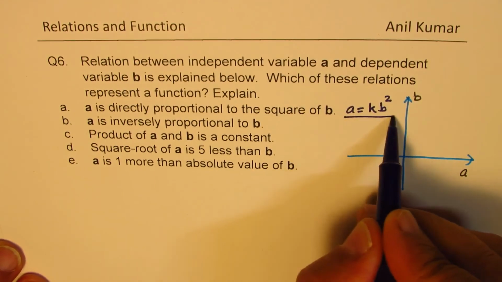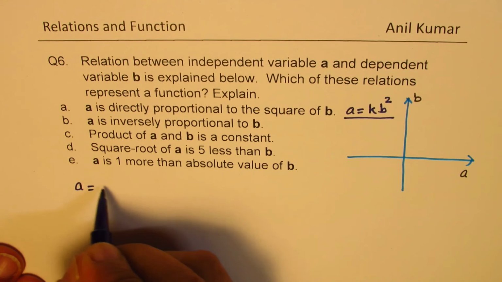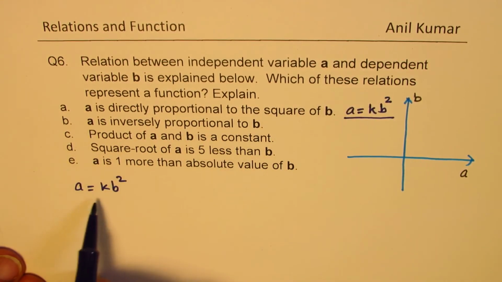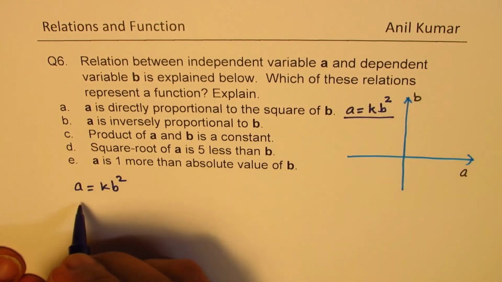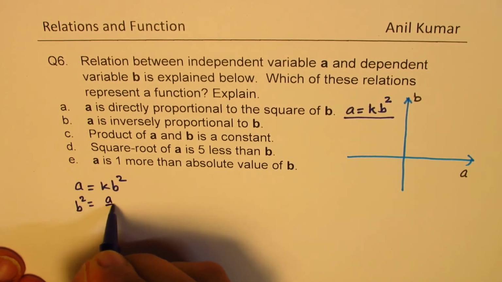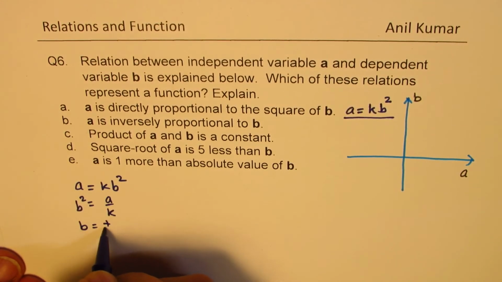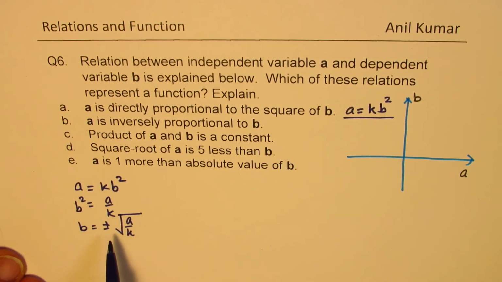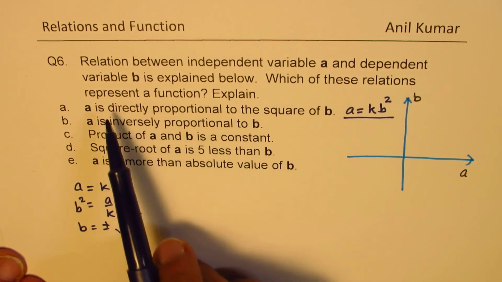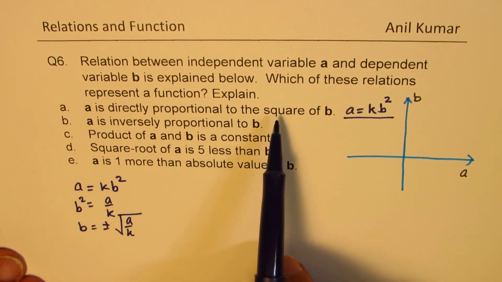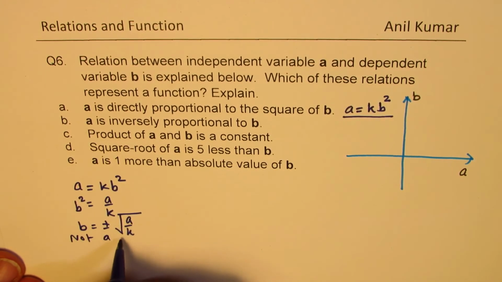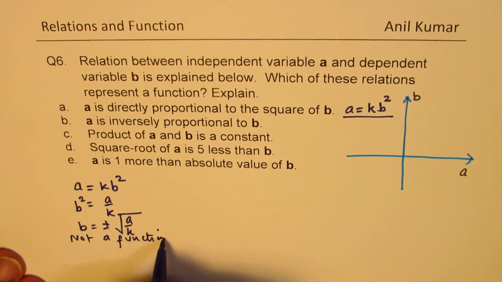Now we need to isolate B, so B square equals A over K, or B equals plus minus square root of A over K, and therefore this is not a function. Is that clear to you?